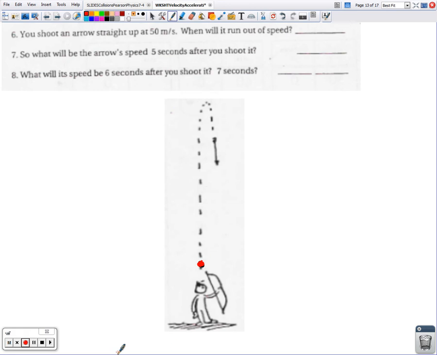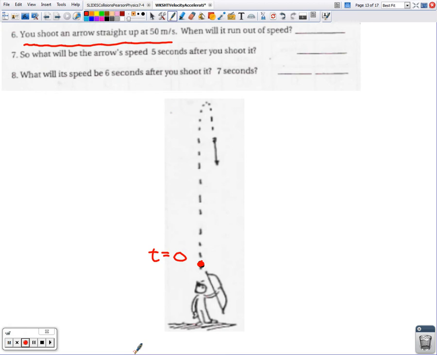So here we are, right after the arrow has left the bow. It says you shoot an arrow straight up at 50 meters per second. This is the exact moment when the arrow has left the bow, and now that the bow isn't shooting it up anymore, what's acting on it?